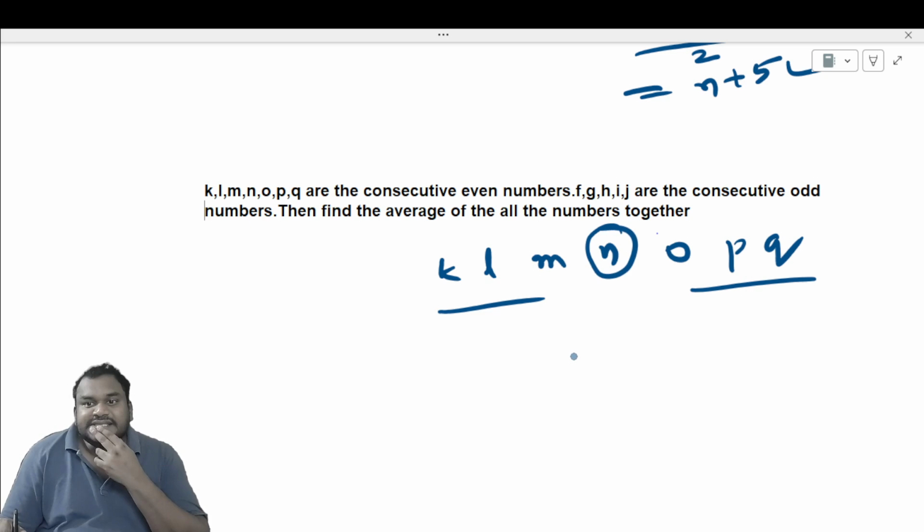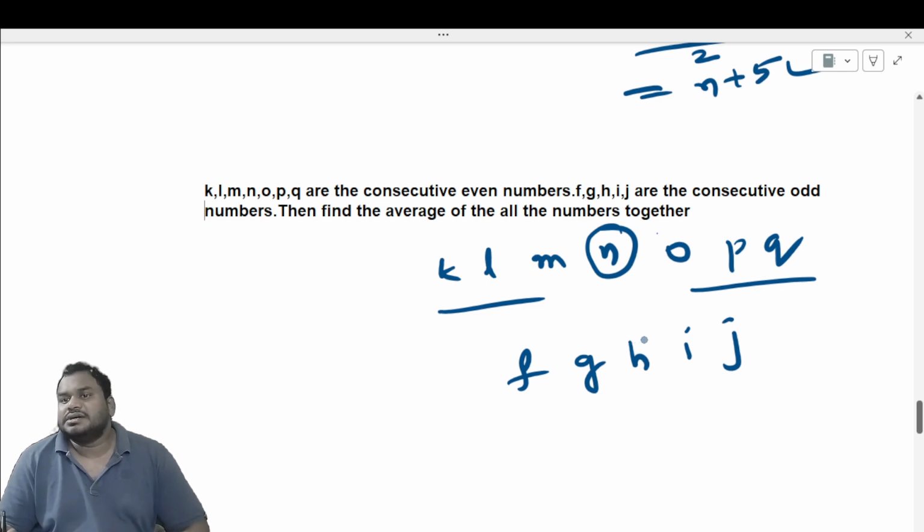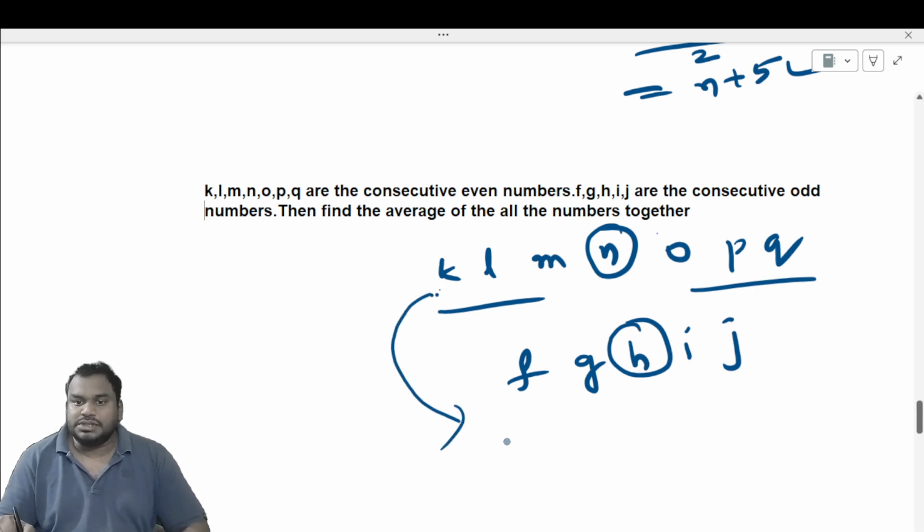And F, G, H, I, J are the consecutive odd numbers. Then find the average of all the numbers. So if you take F, G, H, I, J, then their average is H. It means that if you add them and divide by 7, so now based on this, I'll do one thing.